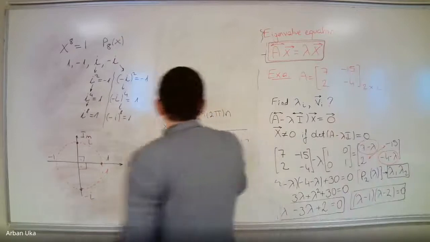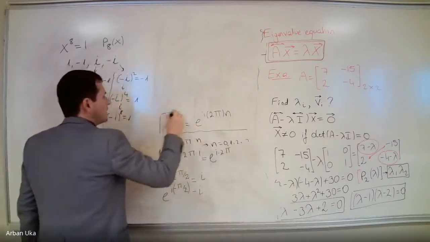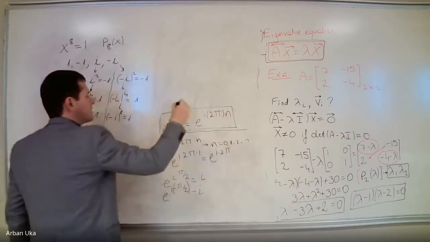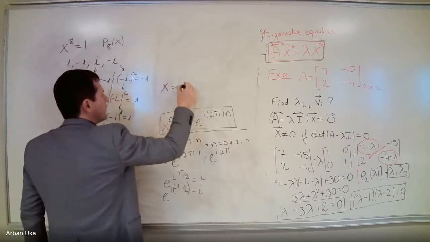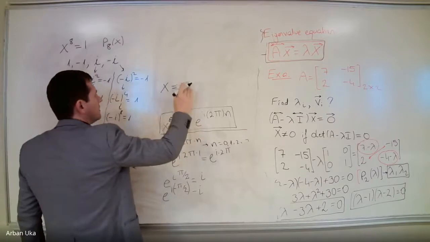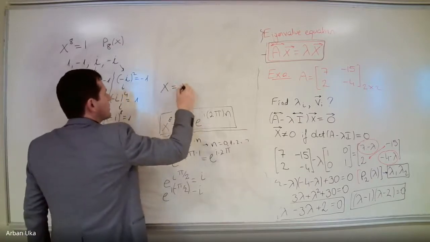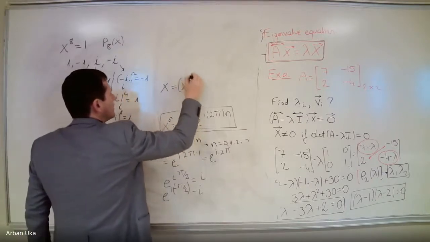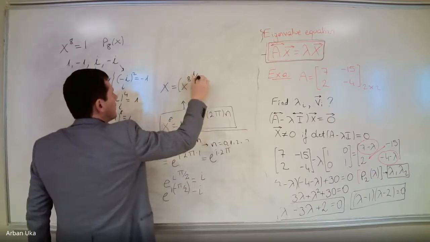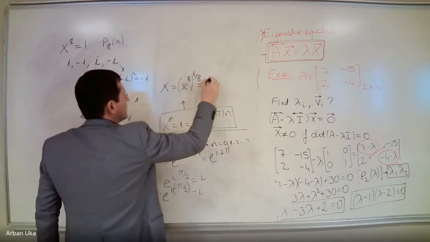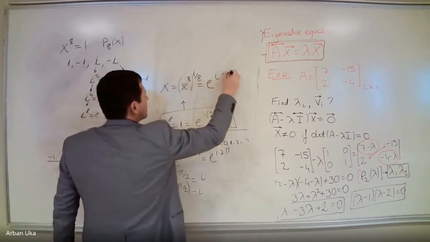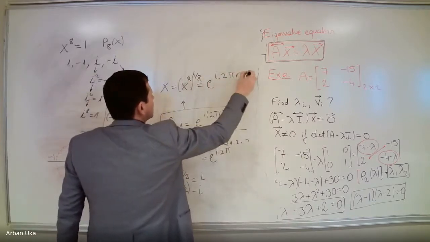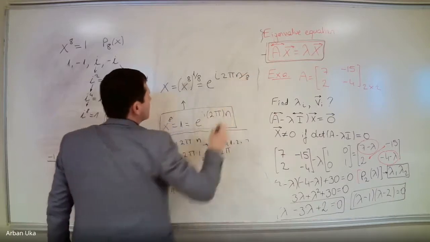Then, given this expression, we can take the 8th root of this expression. So we can get that x is equal to x to the power 8, all to the power 1 over 8, which makes this equal to e to the power I times 2 pi n divided by 8, okay?